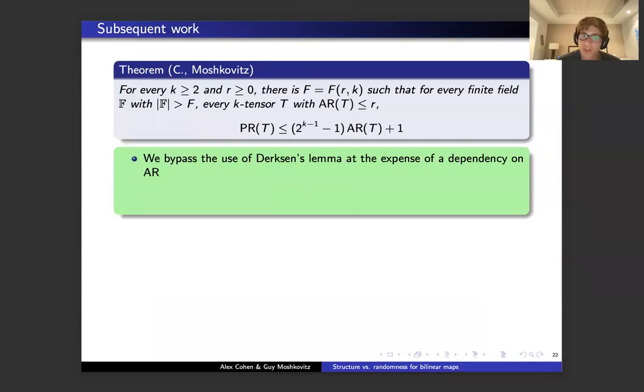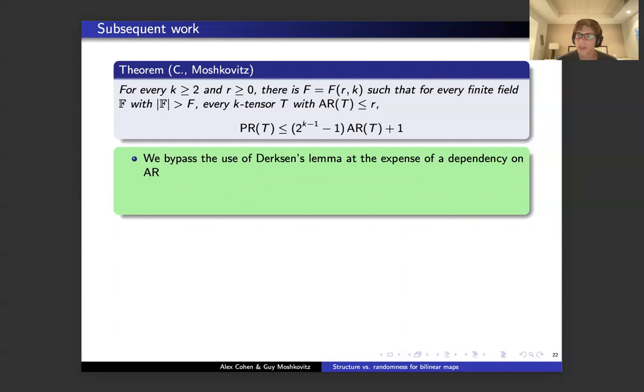Okay, so I just want to briefly mention some subsequent work. We've since extended this work to prove that the partition rank is bounded by a linear function of analytic rank, where partition rank is the right analog of slice rank for higher order tensors. This whole time we've been talking about order 3 tensors, but a very interesting question is how this extends to higher order tensors.